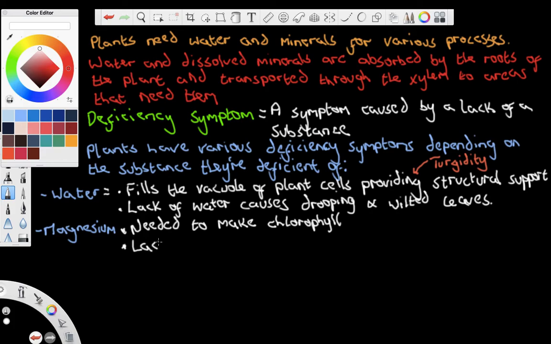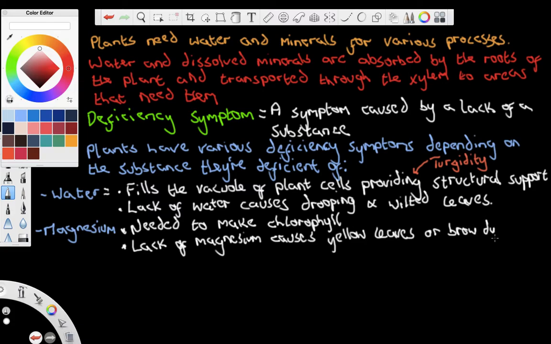So lack of magnesium causes yellow leaves or browning, dying leaves. Okay, so magnesium is needed for chlorophyll and a lack of magnesium causes yellow leaves to turn brown or dying.